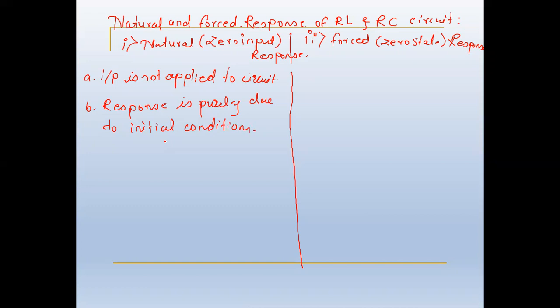So here initial conditions are non-zero, so the network is called an initially non-relaxed network. It is also known as a non-relaxed network.